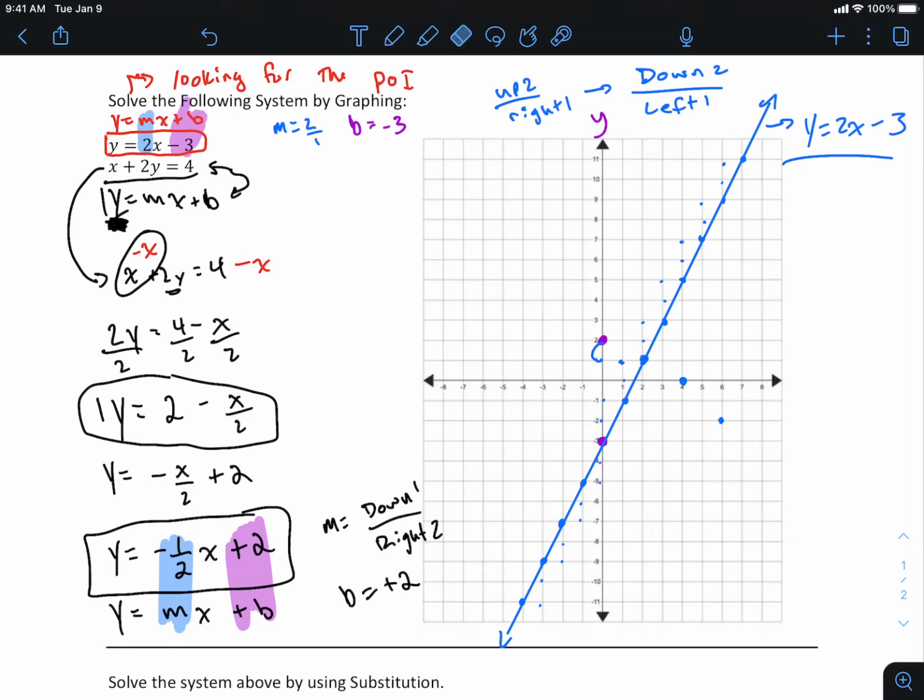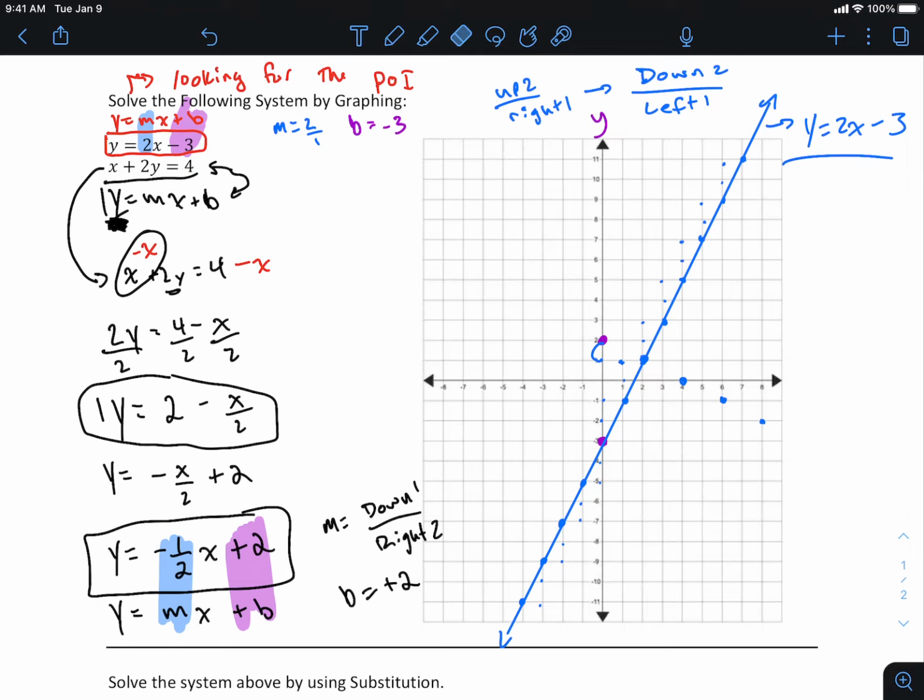Oh, I wasn't even close on that one. So if you know what's going on, you can catch your mistakes if you miscount a box or something. You don't want a line that does this and then all of a sudden does this, or a little curvy blip. It's got to be a straight line, no matter what.